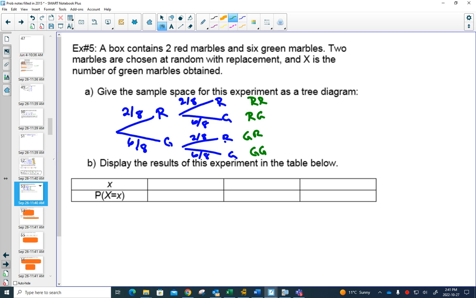So if we want to do a table here, and X is the number of green marbles that you could get: 0 green marbles, 1 green marble, or 2 green marbles. Your probability of 0 green marbles is going to be 4 out of 64. Yes, I could reduce that, but for right now, I'd like to keep it as 4 out of 64.